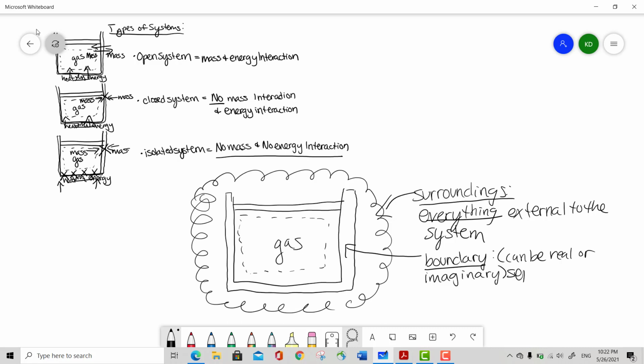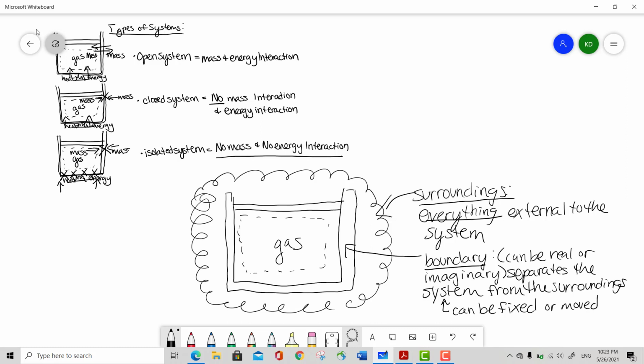And it separates the system from the surroundings. And this can be fixed or moved.